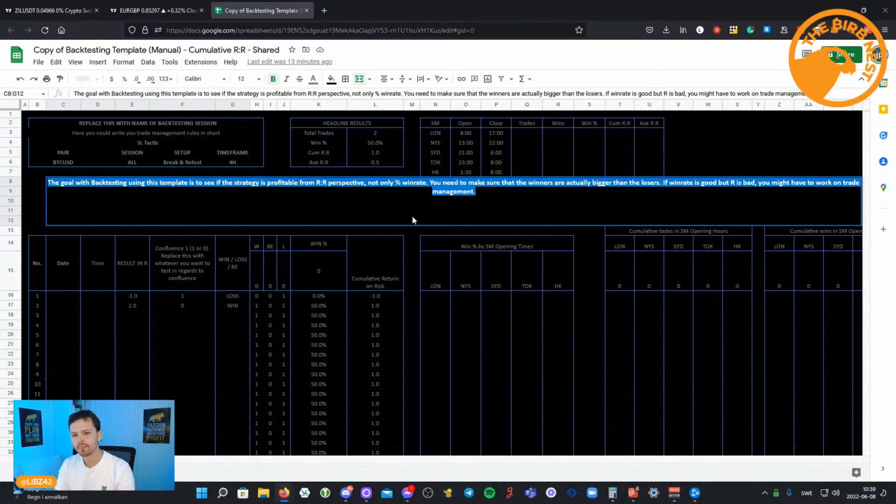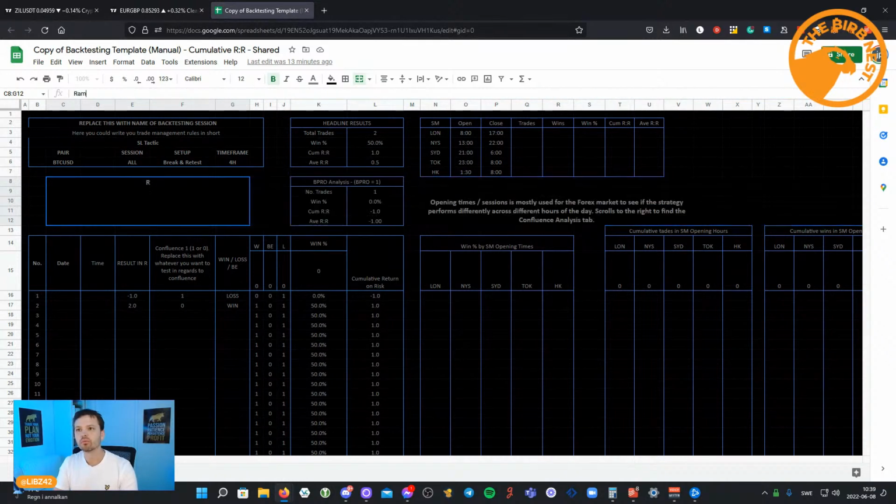All right. So it's going to be a range trading system. And you know what? Let's not say it could be a range or trend system.